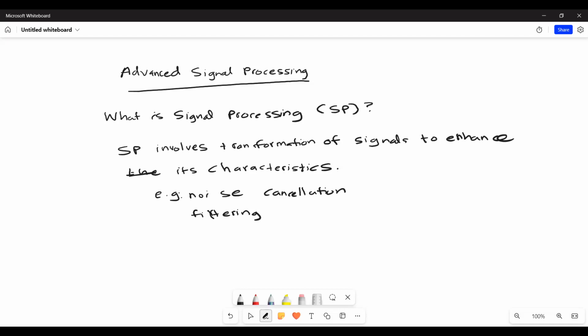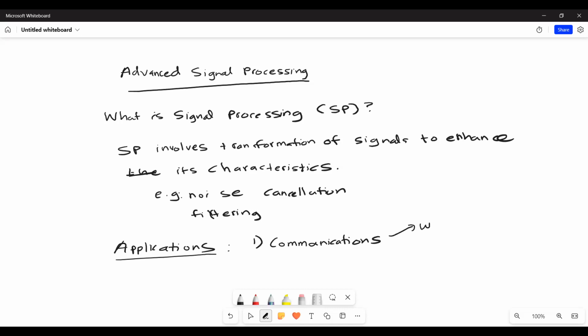So there are many applications of signal processing. As you saw just before in the video, there are many applications in different domains. One such domain is communications engineering. In communications, we consider wireless communication and wired communication.